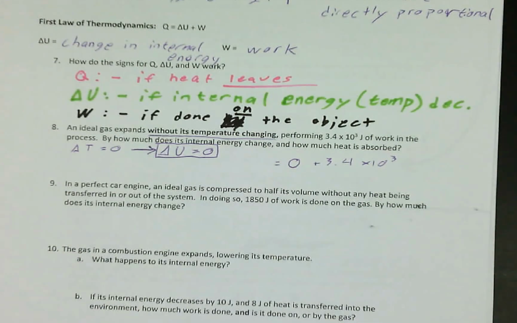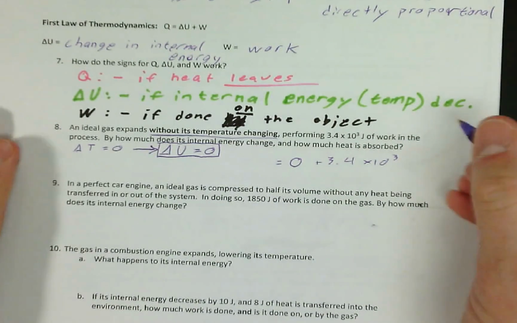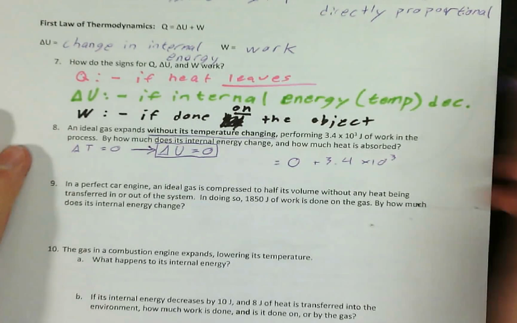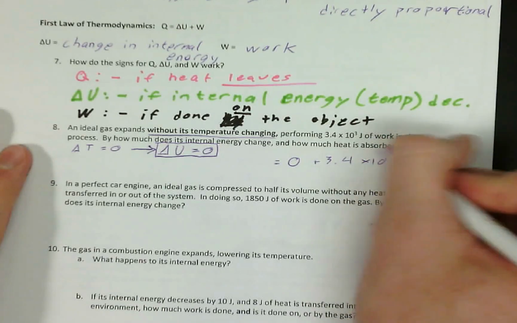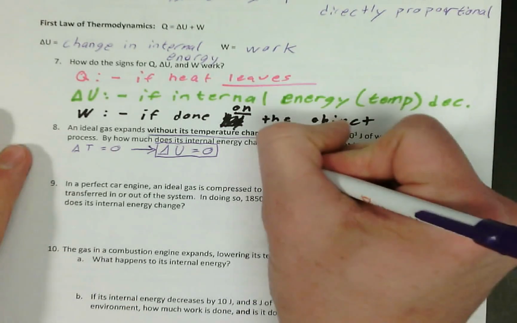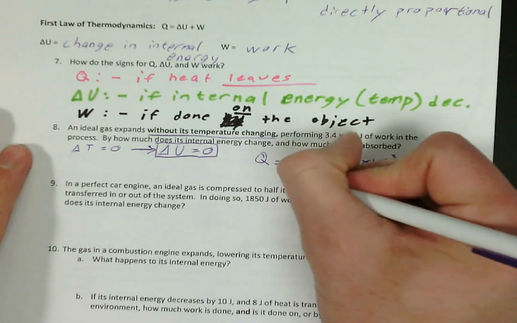Okay, the gas is doing the work, so it's positive. Work done by is going to be positive. So how much heat is absorbed? Well, in this case, we're releasing the heat in order to do the work. So I had it worded a little wrong. But if we're solving for Q, Q would just be that value.